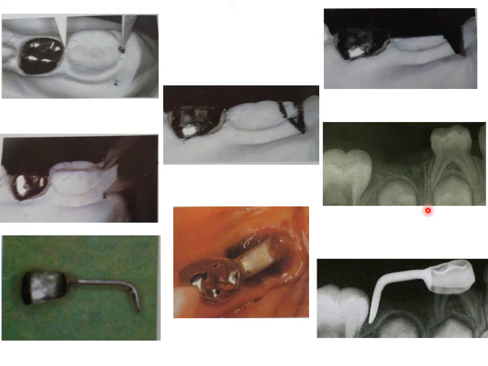So this is what you see after cementation: the distal end should be touching the mesial surface of the crown, so that it prevents the permanent molar from tilting mesially and prevents the loss of space in the arch.